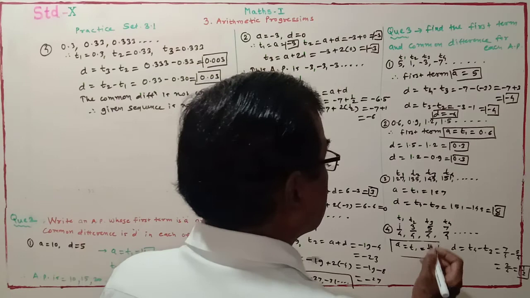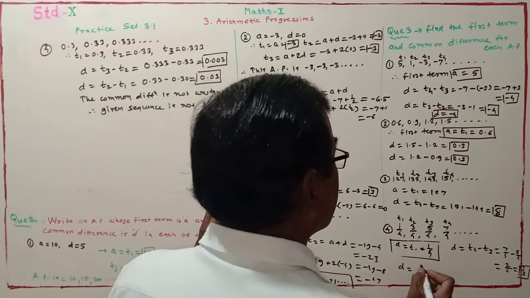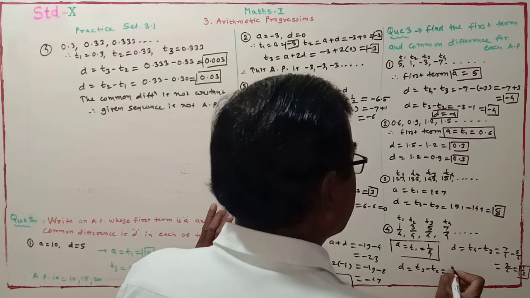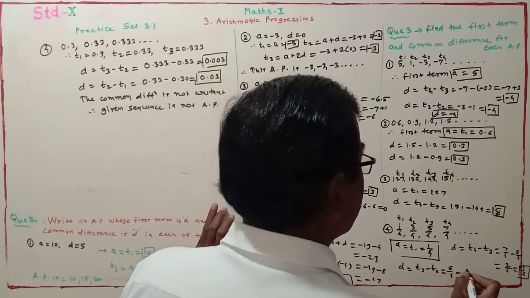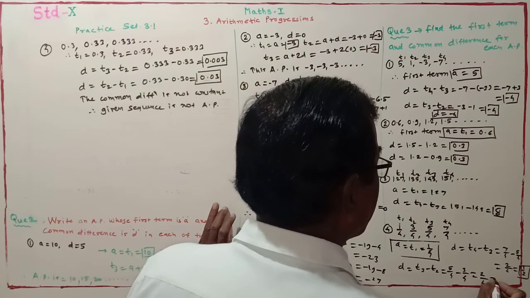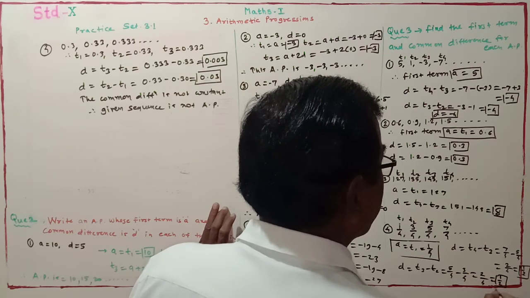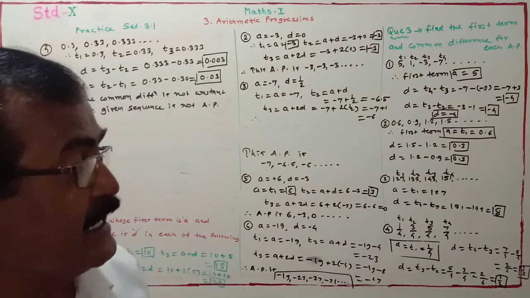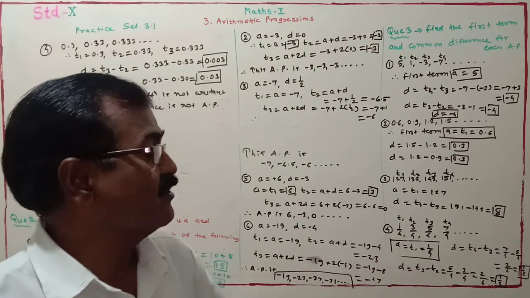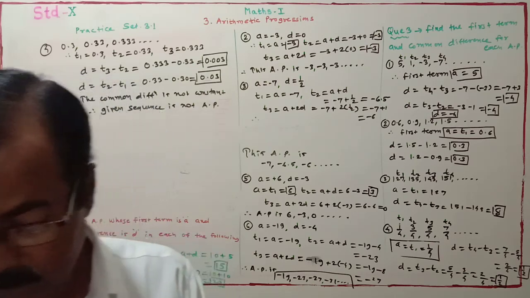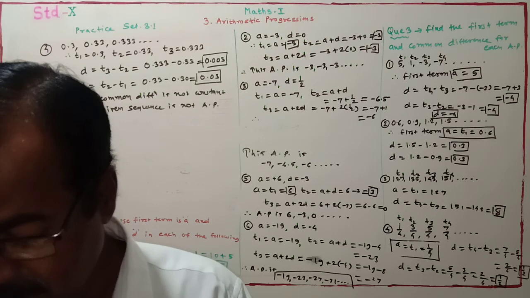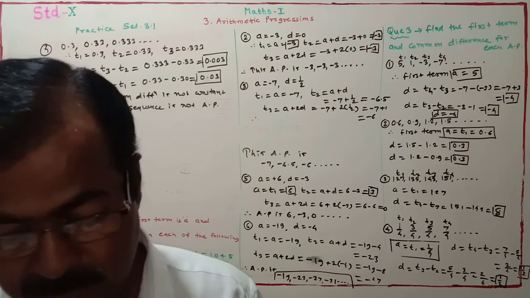Similarly, second D is T3 minus T2 is 5 upon 4 minus 3 upon 4 is also 2 upon 4 is 1 upon 2. Means in this AP, first term is 1 upon 4 and common difference is 1 upon 2. Solve any remaining example in practice set 3.1. Thank you.